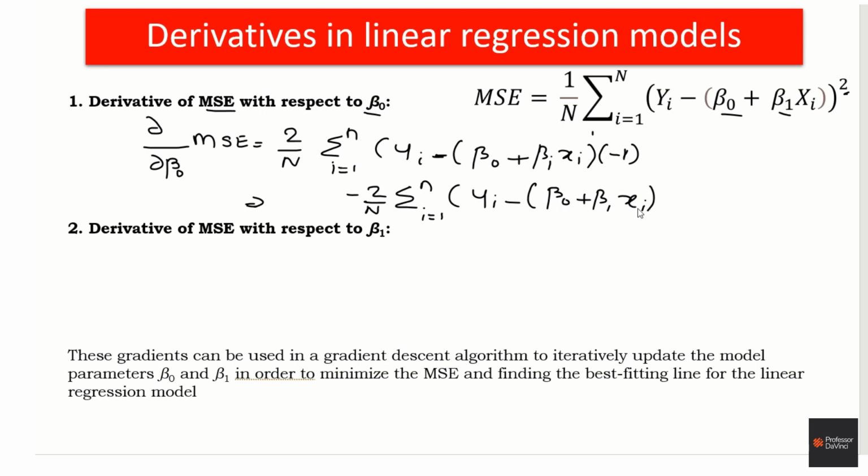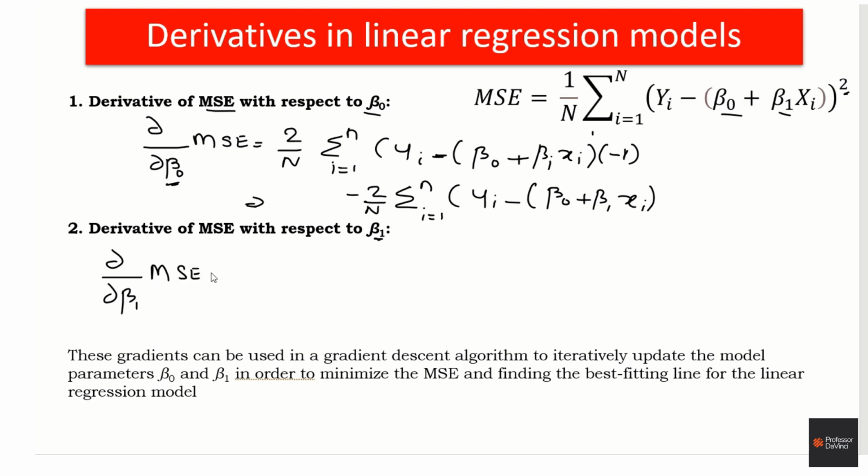After finding the partial differentiation with respect to beta naught, now find the partial differentiation with respect to beta 1. Same partial differentiation with respect to beta 1 for the MSE.